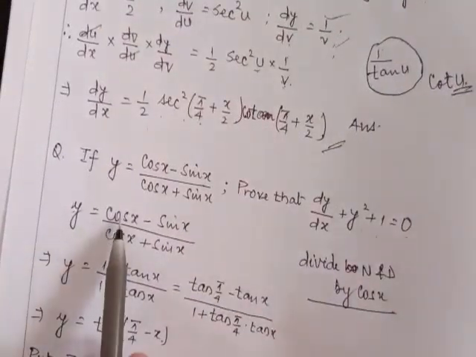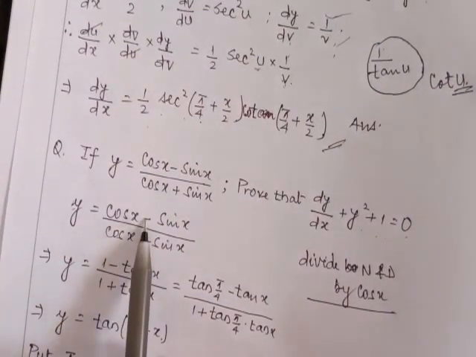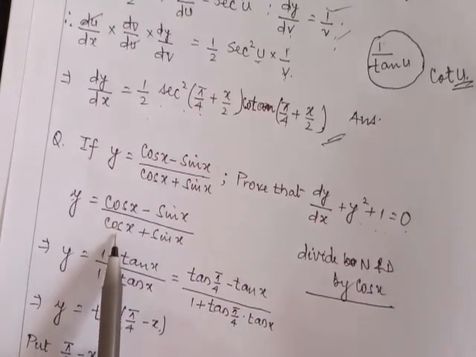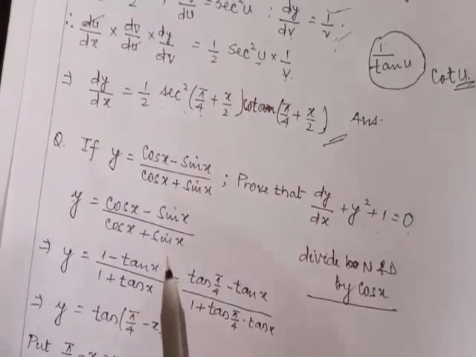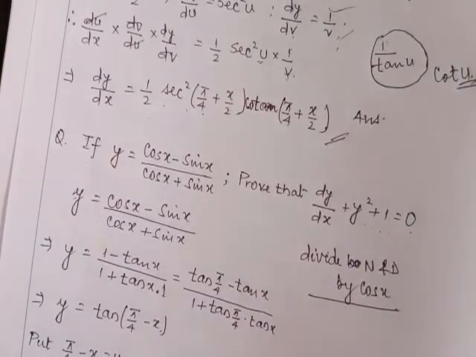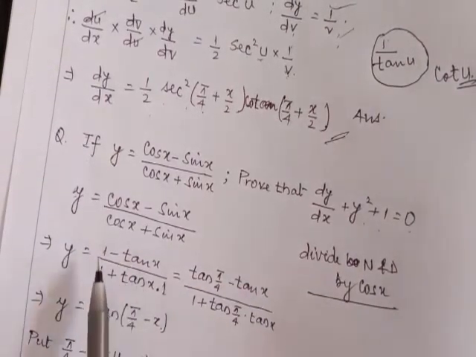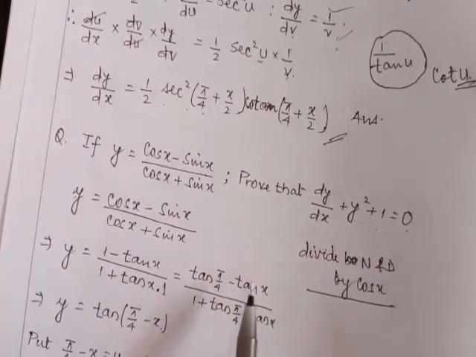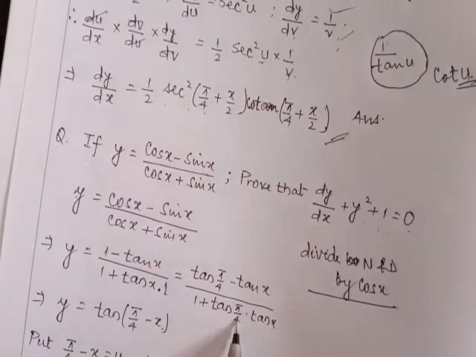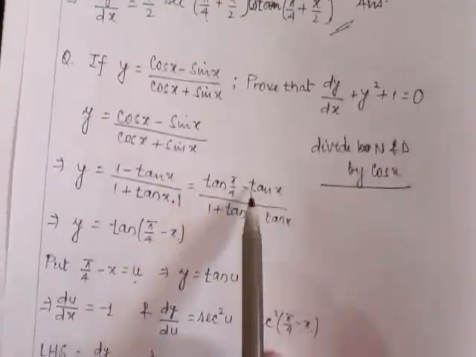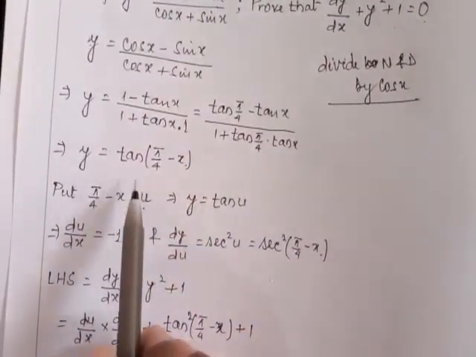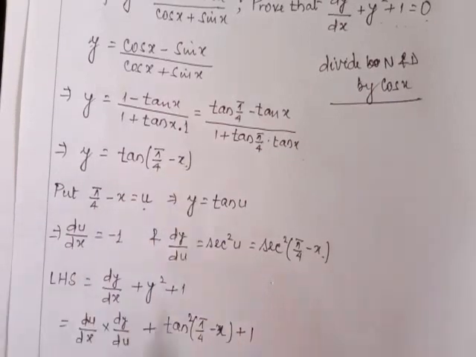So cos x upon cos x becomes 1, minus sin x upon cos x is tan x. Similarly, in the denominator it becomes 1 plus tan x. Now this 1 should be written as tan pi by 4, so tan pi by 4 minus tan x divided by 1 plus tan pi by 4 into tan x. So tan a minus tan b by 1 plus tan a into tan b is the formula for tan of a minus b.